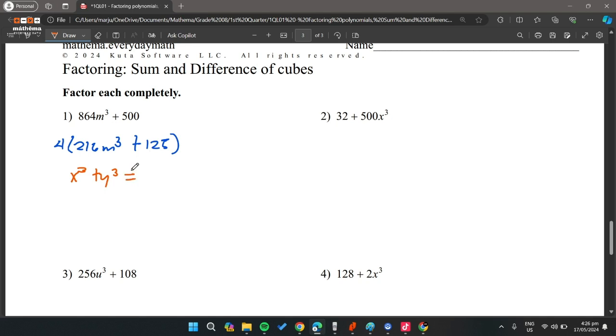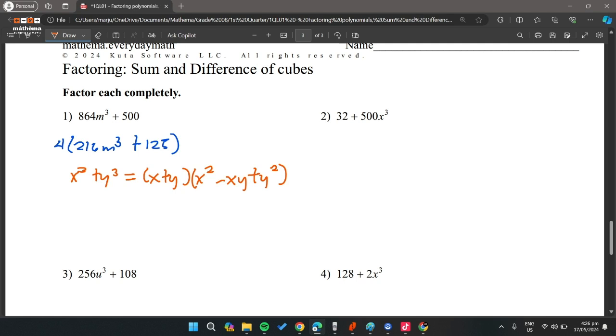The factor of this one is this. We have x plus y times x squared and then minus xy plus y squared. So again, the factor of a sum of two cubes is this one.